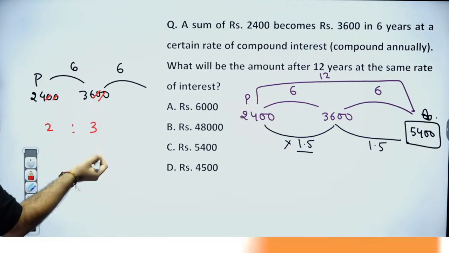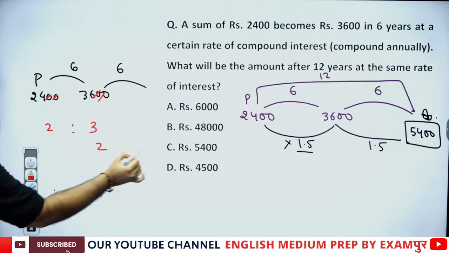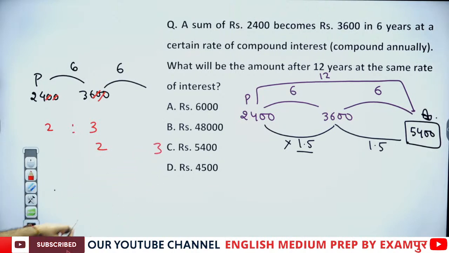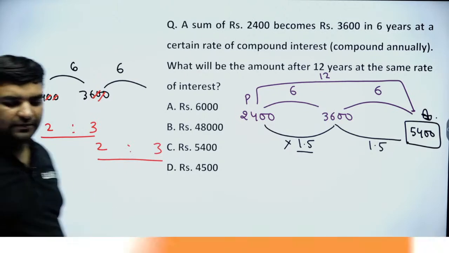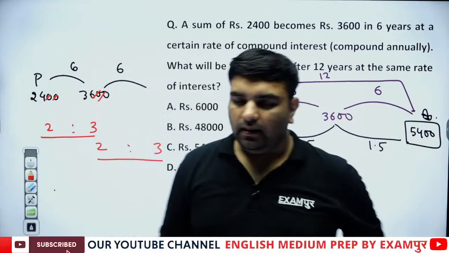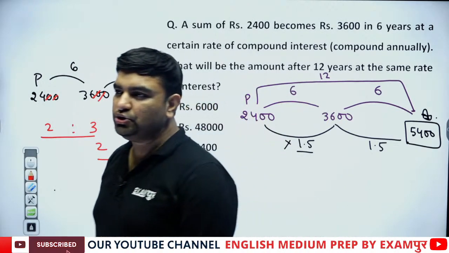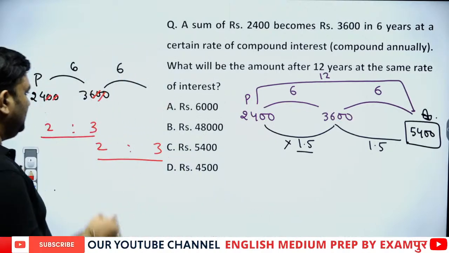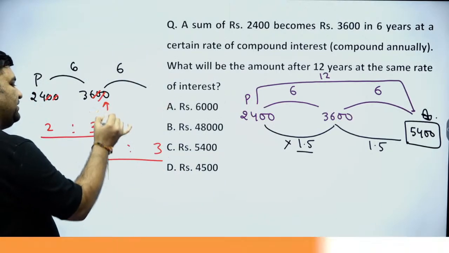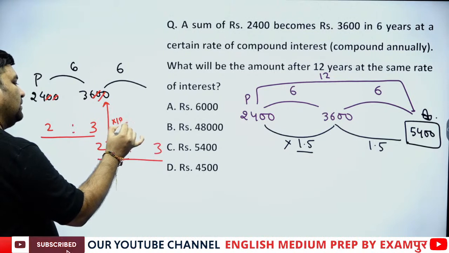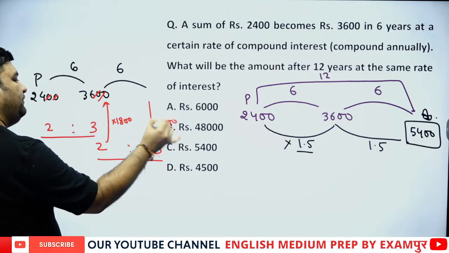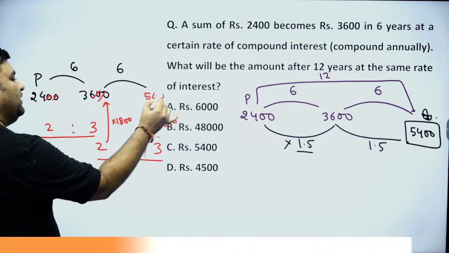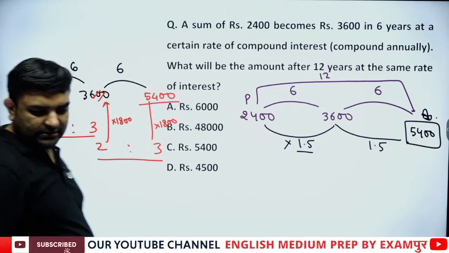So again they will change in the ratio 2:3 to keep the rate constant. So if 2 is 3600, then 3 is 5400. Whatever you like, you can apply it.